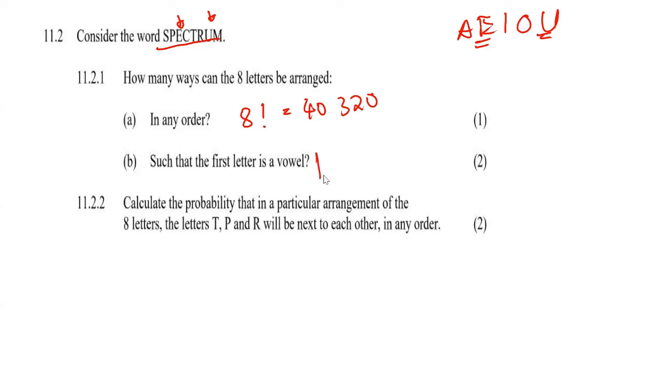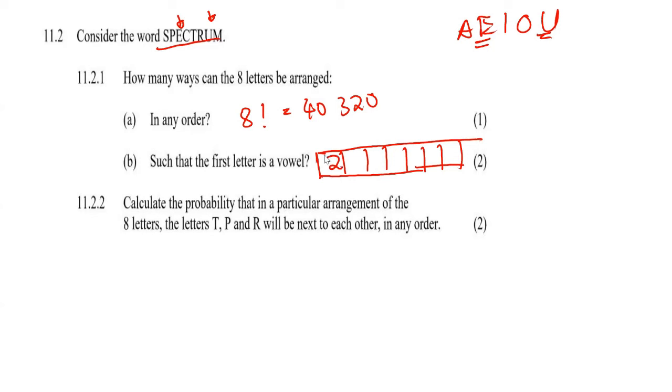So 1, 2, 3, 4, 5, 6, 7, 8. Then we can have that. And then such that the first letter is a vowel. If the first letter needs to be a vowel, that means we can fill this position in 2 different ways, right? So we can either put an E there or a U, right?